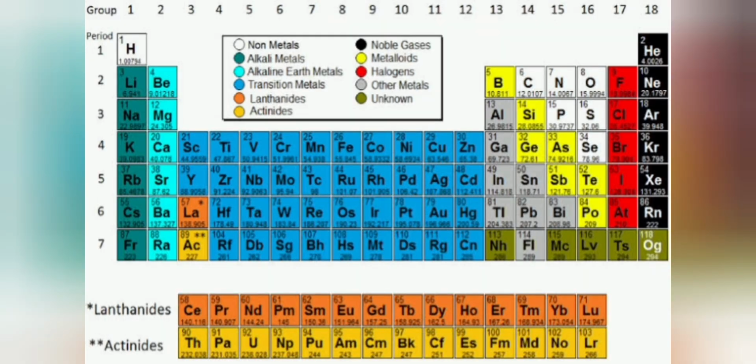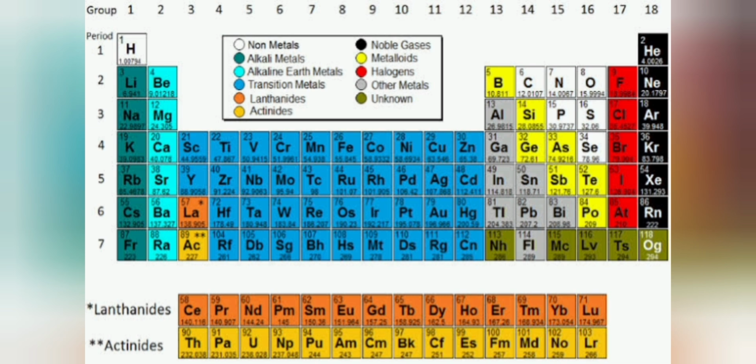This is a table in which the chemical elements are arranged in order of their increasing atomic number. So what is this atomic number? Atomic number is the number of protons, which is also equal to the number of electrons present in an atom of an element.